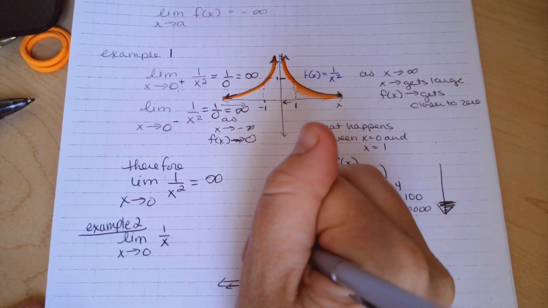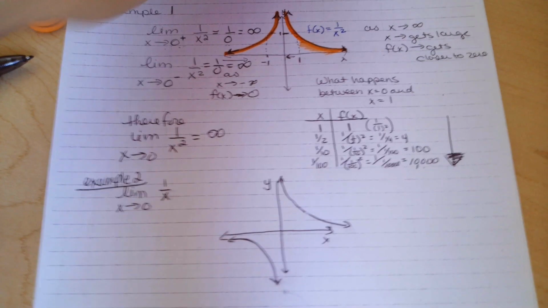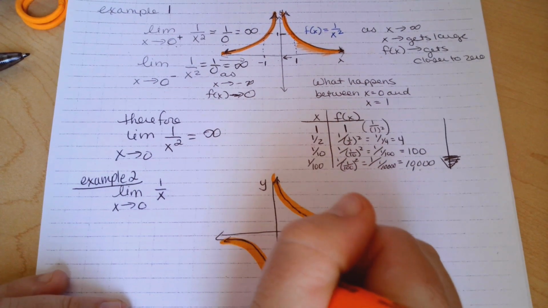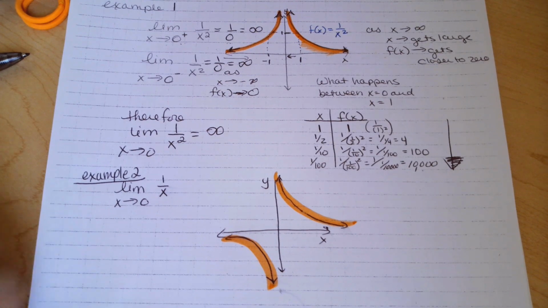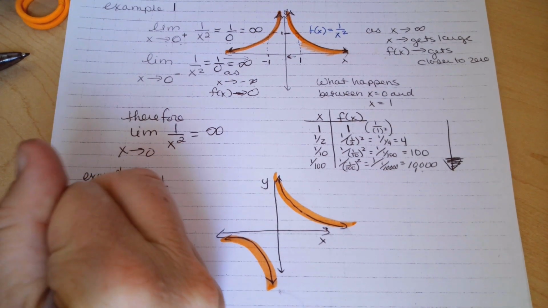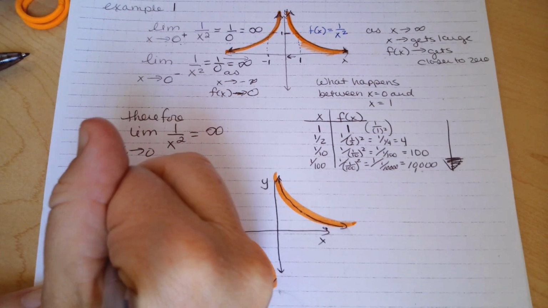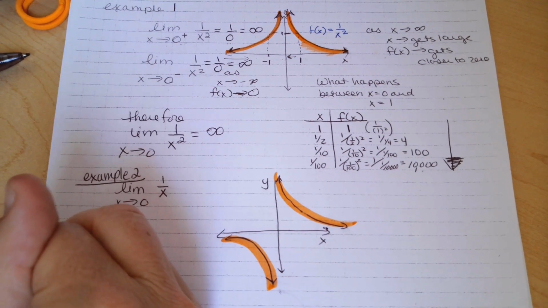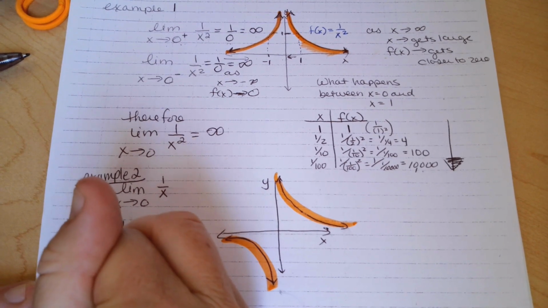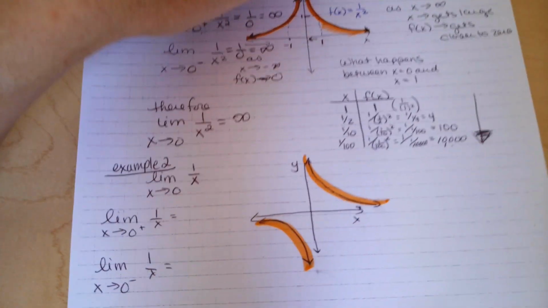Here's my x, here's my y. My function's in orange. Okay, and so I'm going to look as we go to 0 from the right-hand side, and I'm going to look as we go to 0 from the left-hand side.